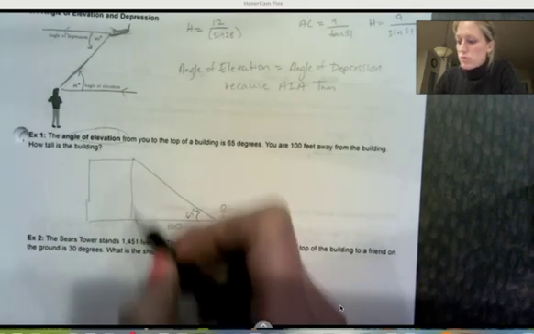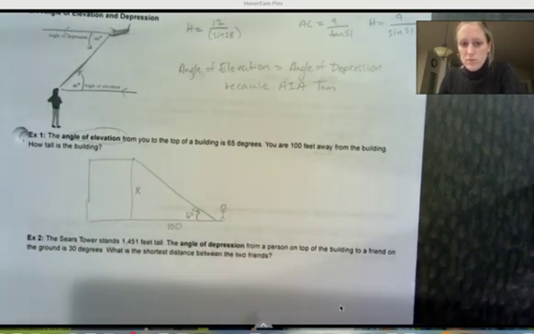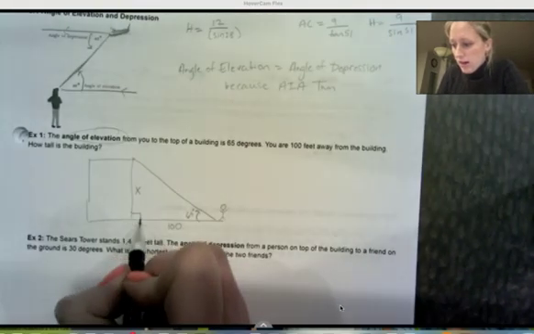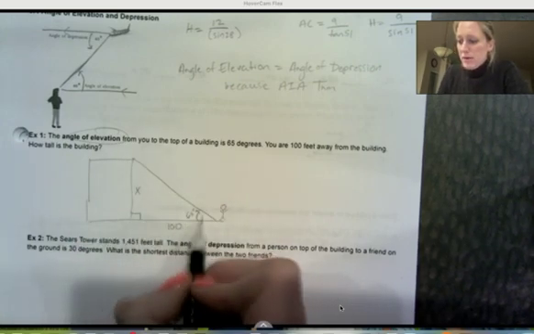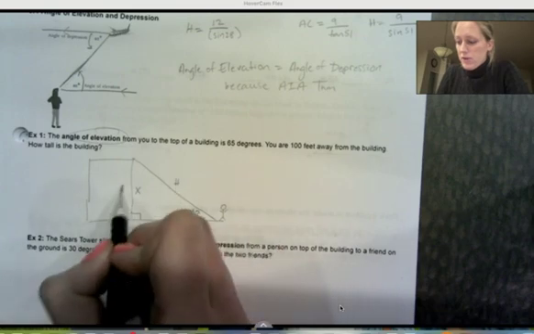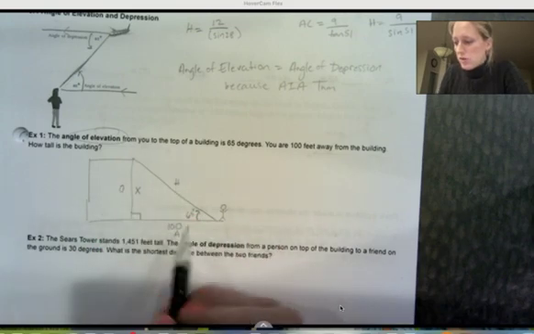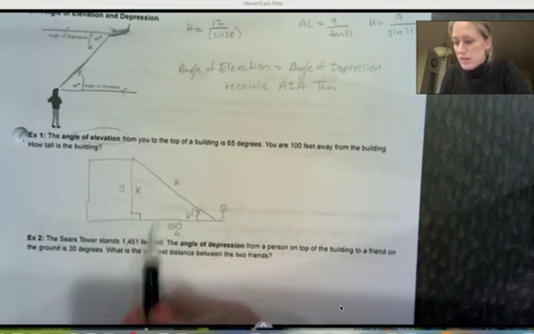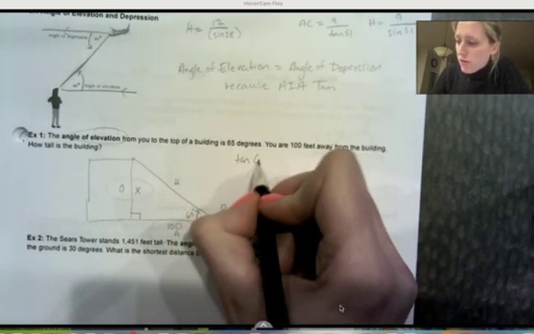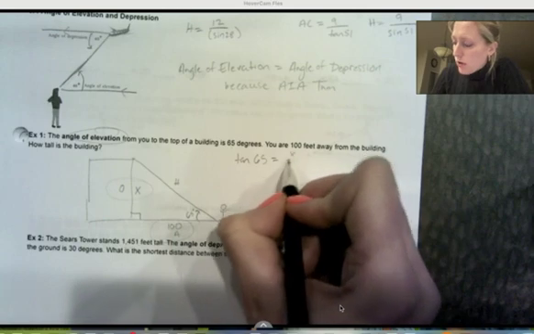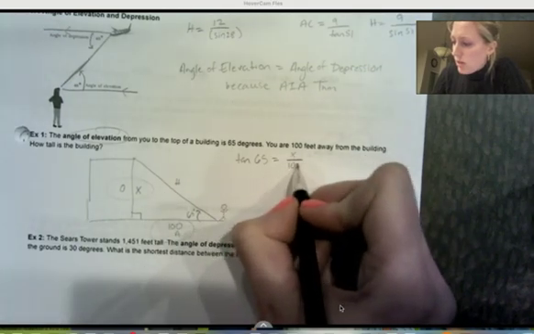We want to know how tall is the building. Well, here I have a right triangle. So if this is my reference angle, here's my hypotenuse, opposite, adjacent. I'm looking for the opposite. I know the adjacent, so I'm going to use tangent. So tangent of the angle equals opposite over adjacent.